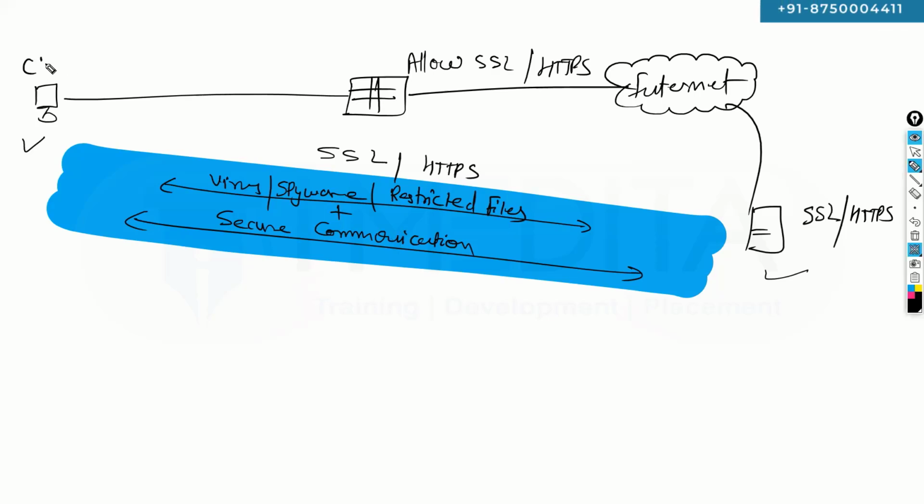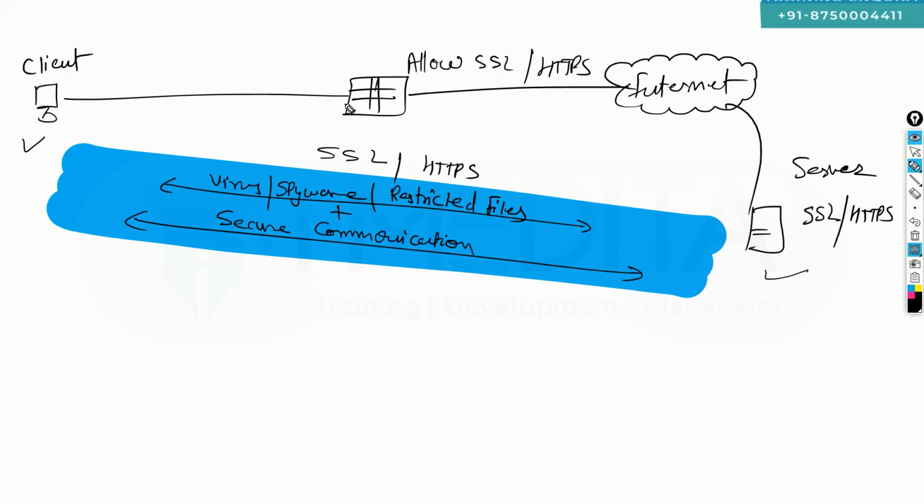It means client and server can communicate with each other in a secure way. It means no one has an idea what is going on under this SSL tunnel. If we have allowed SSL or HTTPS, client and server, along with secure communication, can also exchange virus, spyware, and restricted files.